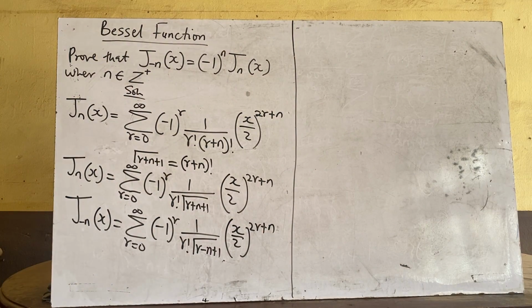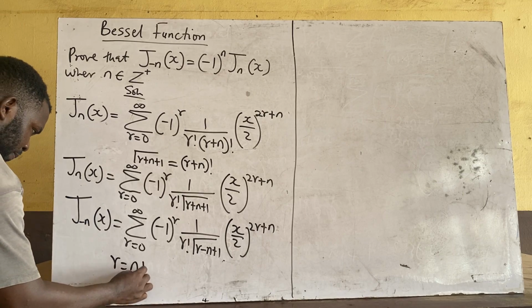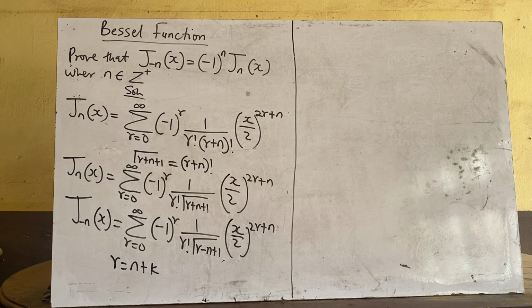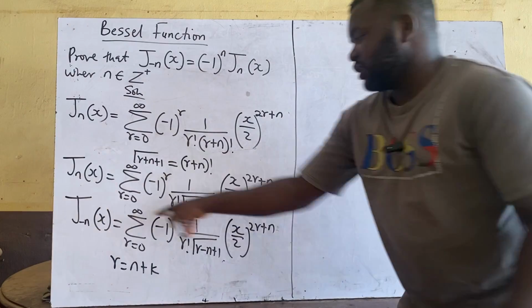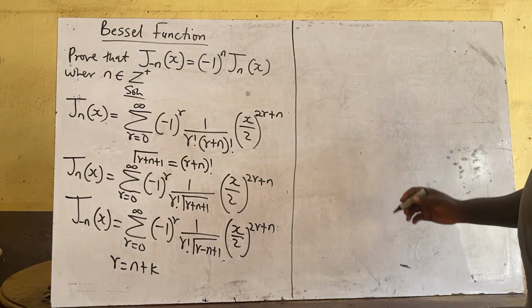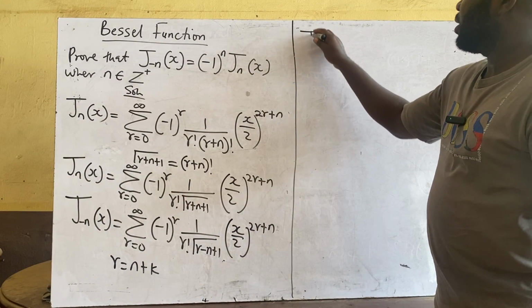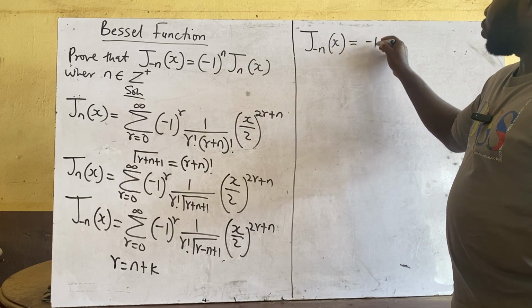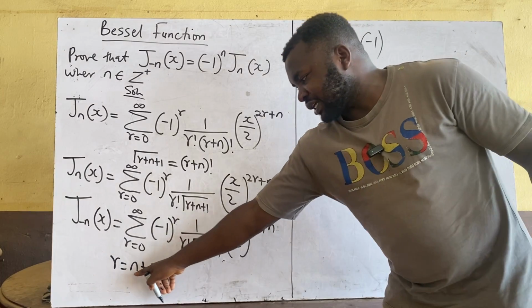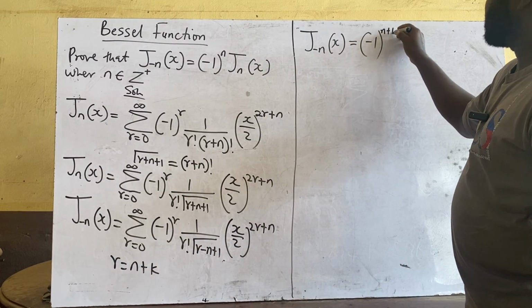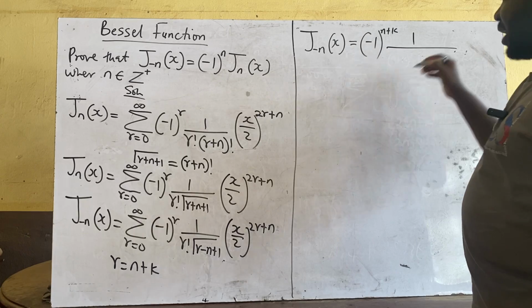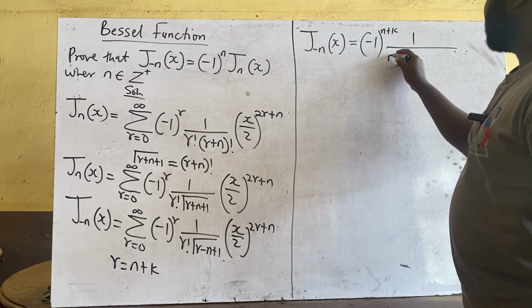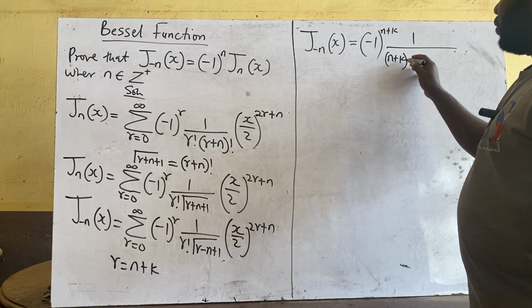Okay? So having this, the next thing you're going to do is you tell them to choose any other alphabet. Just tell them to change r to be n plus k. Okay, choose any alphabet you like. So that means anywhere I see r in this equation now, I'll put it as n plus k. So I'm going to have J of minus n of x is equal to minus 1 raised to power, I'm seeing r here, so I'll put it as n plus k. So I'm having n plus k, then 1 over, I'm seeing r again, I'll put it as n plus k all factorial.